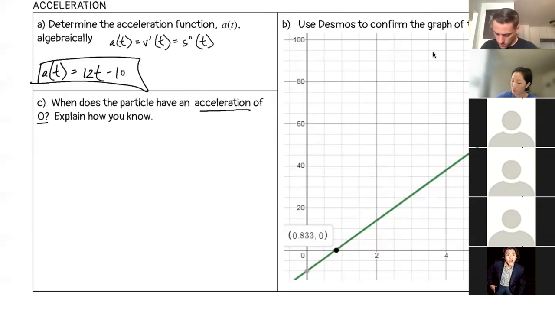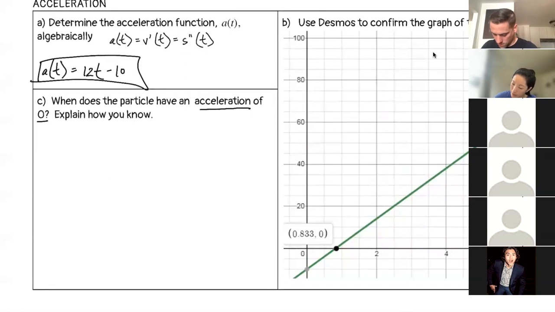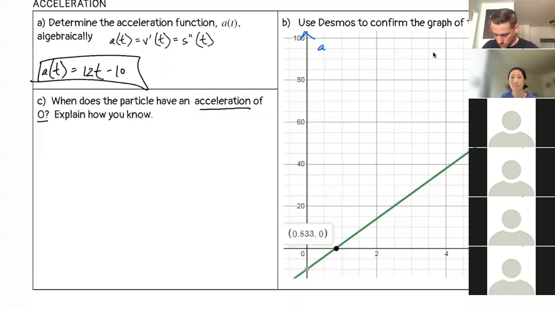When y equals 0, because this is a graph of acceleration, that means this y-axis is acceleration.